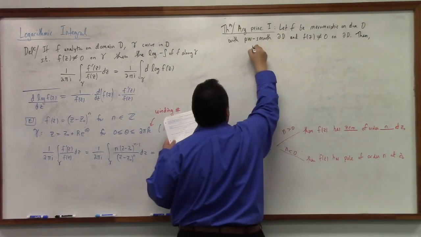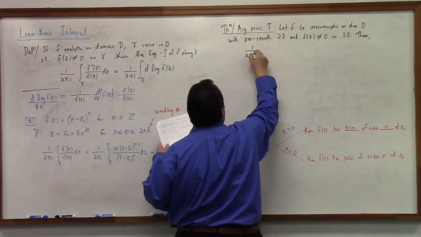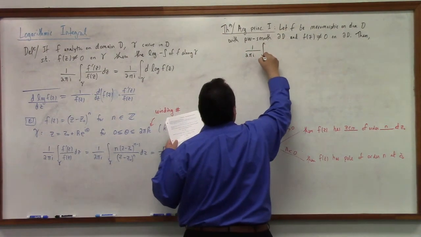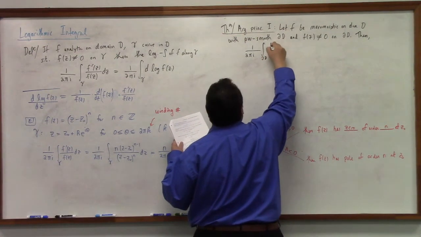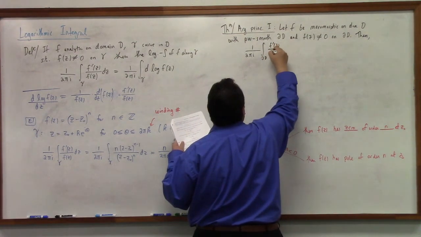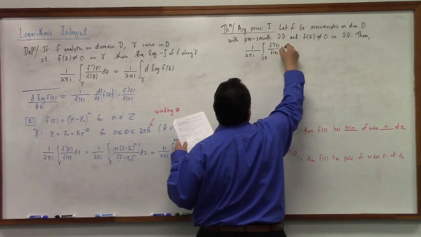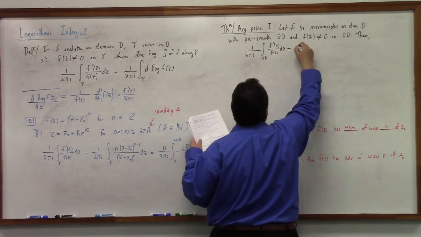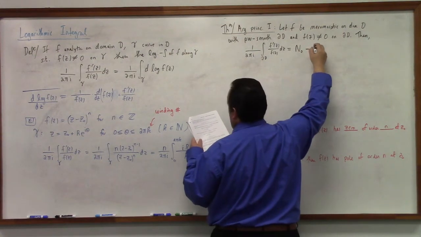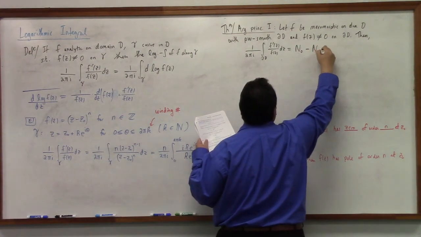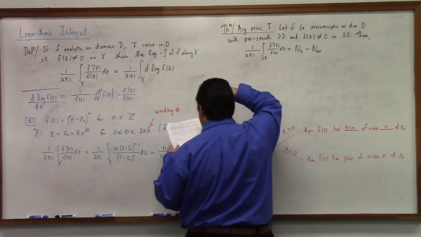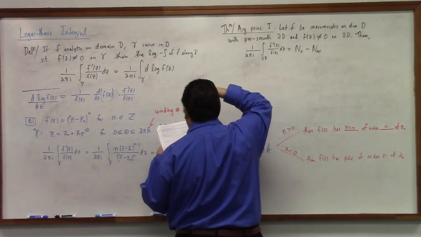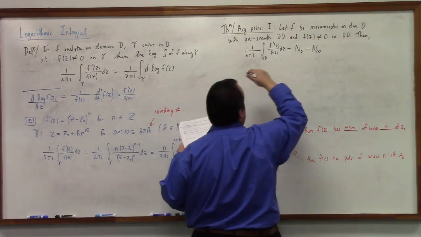All right, then the logarithmic integral of f prime of z over f of z dz, what is it equal to? It's equal to the number of zeros minus the number of poles in D, counting multiplicities.